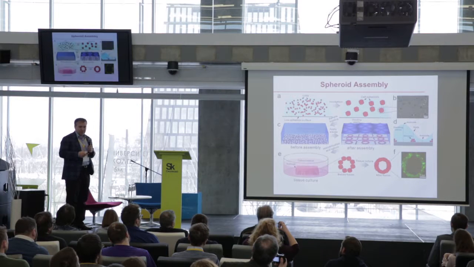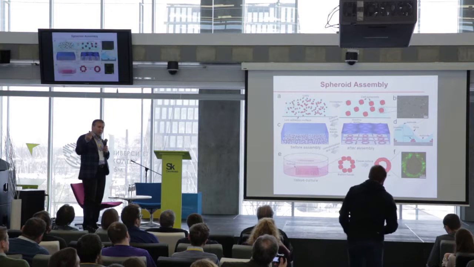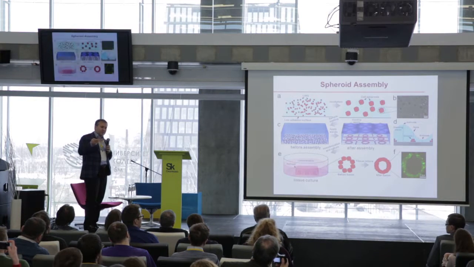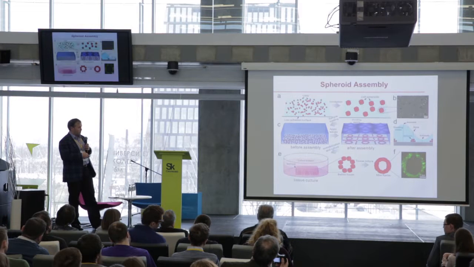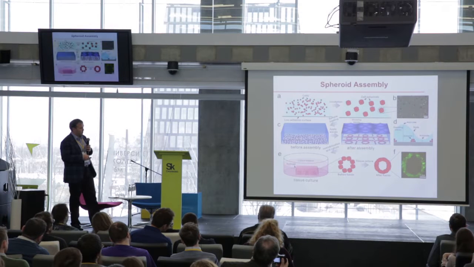One thing that I want to make a note of here is we don't use any other materials to assemble the cells. It's just cells coming together or spheroids coming together. So we are not dependent on scaffolds. The only part where we use an external scaffold is to hold everything together, and it could be pretty much a biodegradable gel, but the scaffold doesn't come between the cells or between the spheroids for assembly.